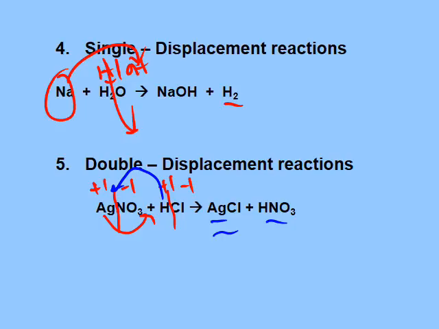In this case, it just happened +1 and -1, but let me write down that. Silver is +1, Cl is -1, and that's why you have AgCl. If I had a metal with a different charge, then obviously it's not going to be a 1 and 1 product. So you have to be careful when you write down the products of these reactions, single or double displacement reactions.